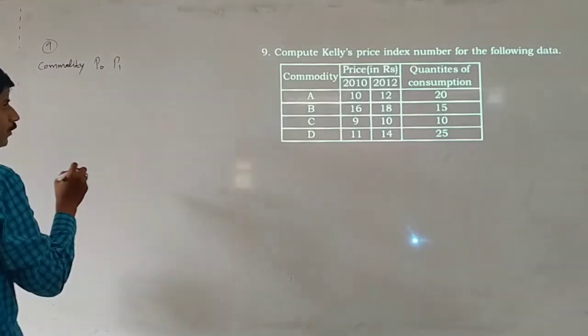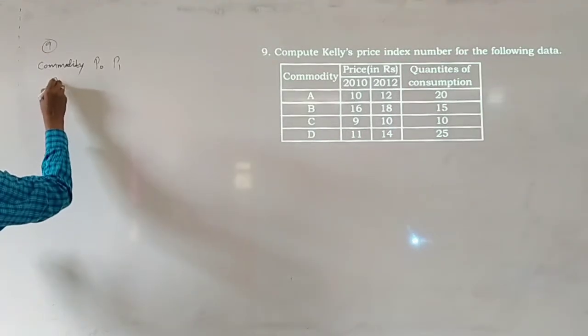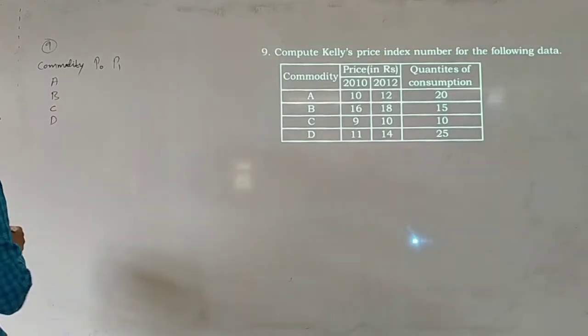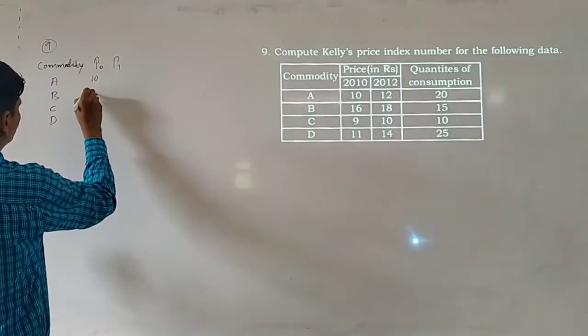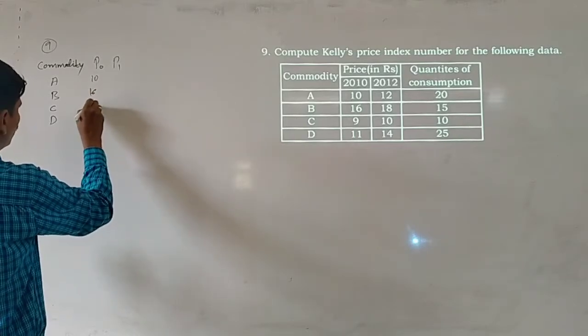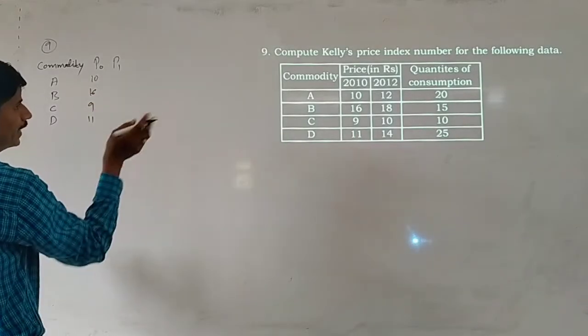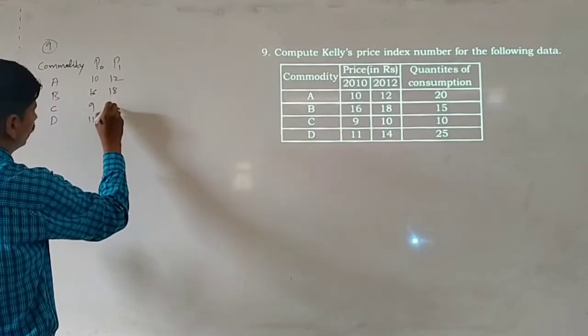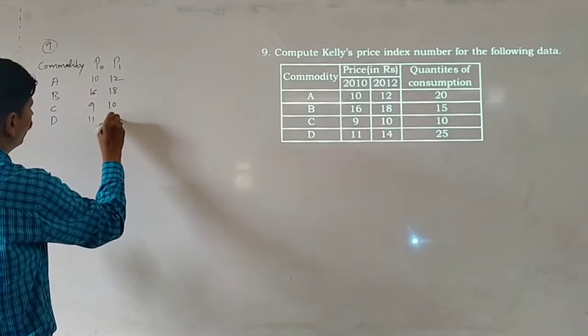Here we have commodities A, B, C, D. With respect to P0, the values are 10, 16, 9 and 11. Next, the 2012 values are 12, 18, 10 and 14.